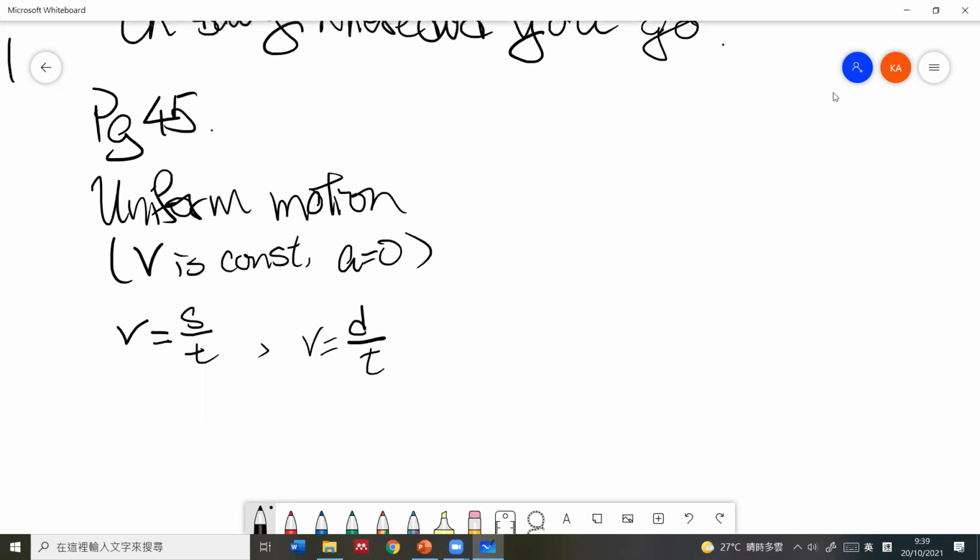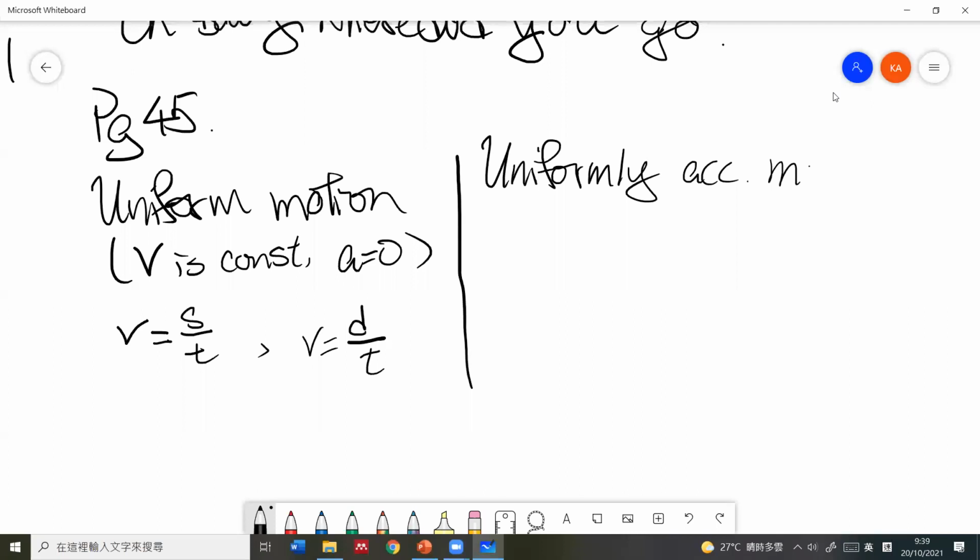And now we will talk about the equations for uniformly accelerated motion. For this type of motion, there is acceleration, and the acceleration is constant. In other words, the velocity is changing.